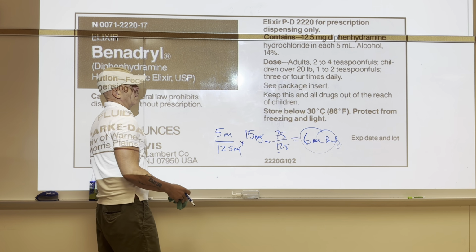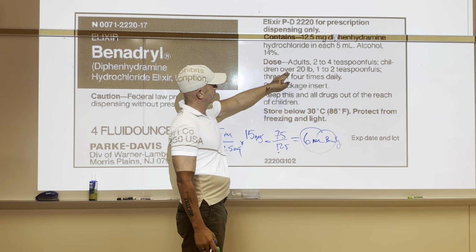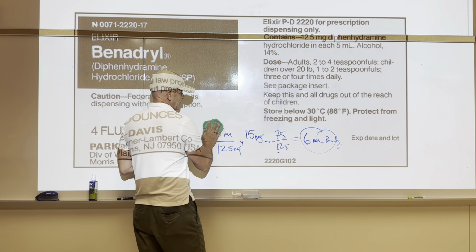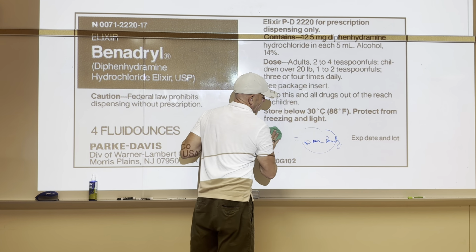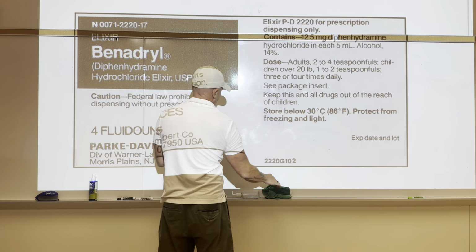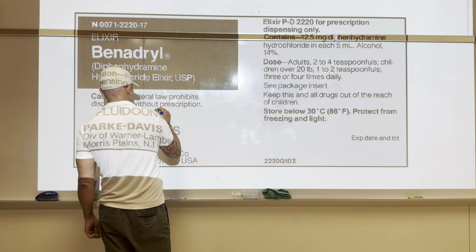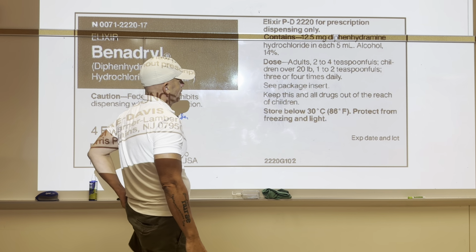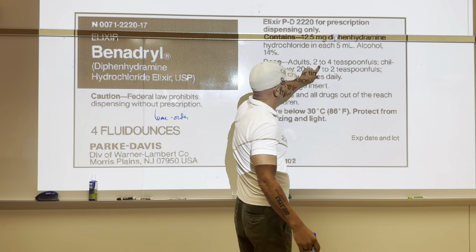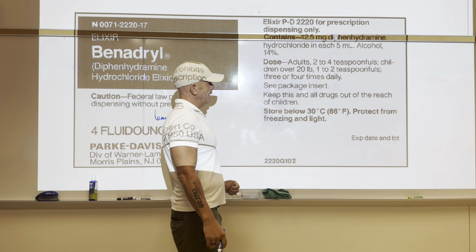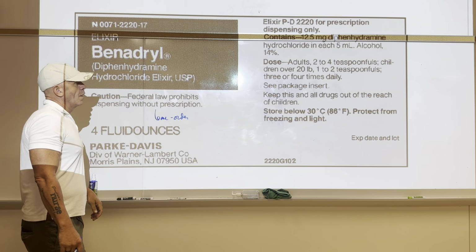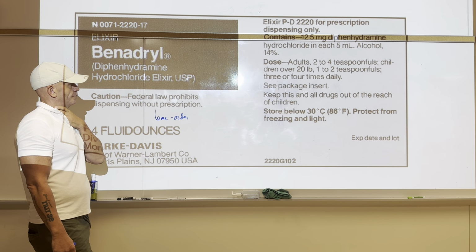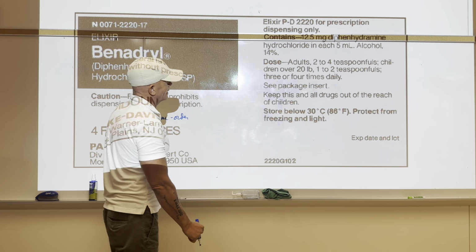However, is it in the safe range? Well, we don't know, right? So remember, 6 mLs is what we get. 6 mLs is our order. Okay. So, adults, 2 to 4 teaspoons a day. Well, remember, 2 to 4 teaspoons, 3 or 4 times a day. All right? Well, let's look to see.